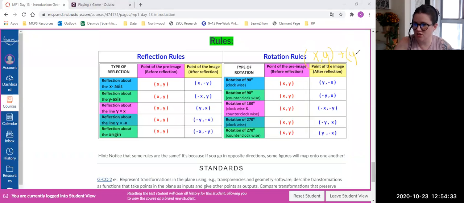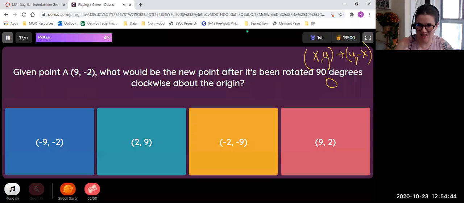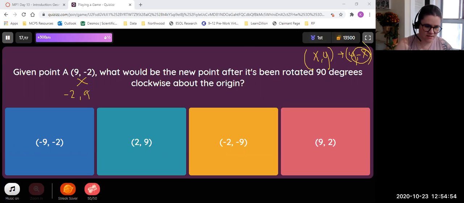The second one goes to the first spot. The first spot goes to the second. And I also make it negative. So I want to switch where they are, -2 and 9. And then I have to make my X negative. So that's why that answer is here. Okay.